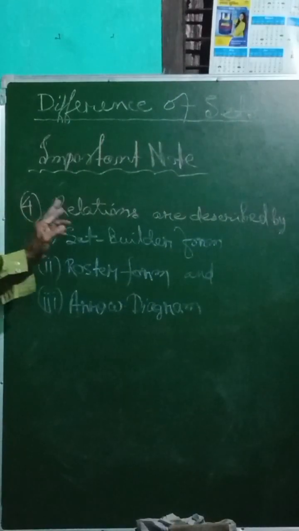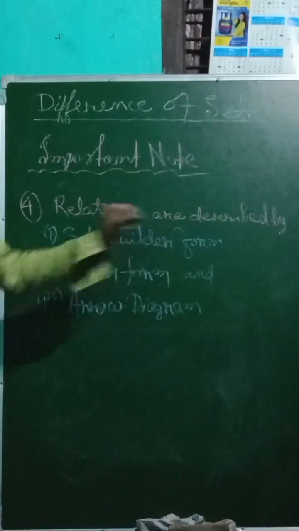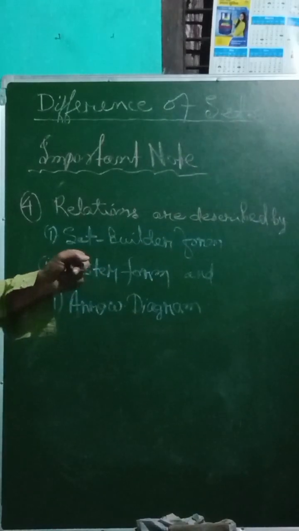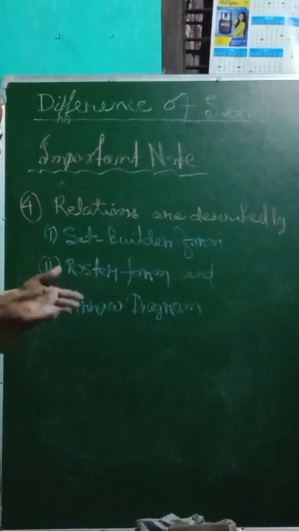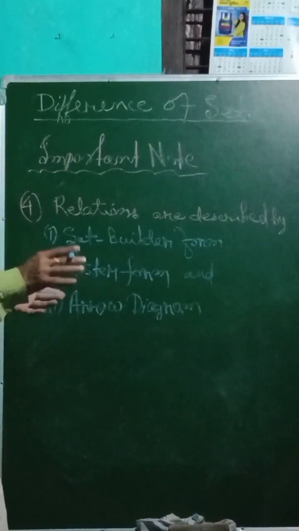Number four, relations are described either by set builder form, or through roster form, or by an arrow diagram. And when to use which, you will understand when you practice the standard problems. Anyway, I am telling some hints.